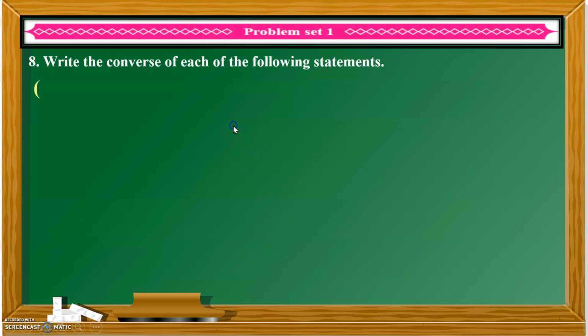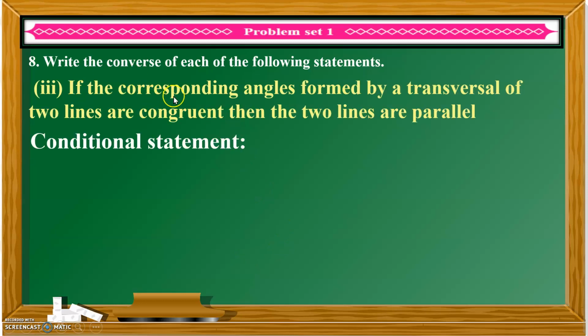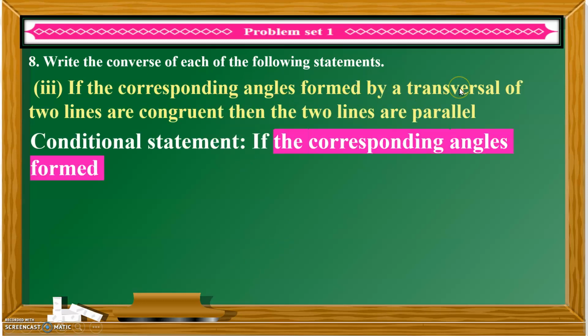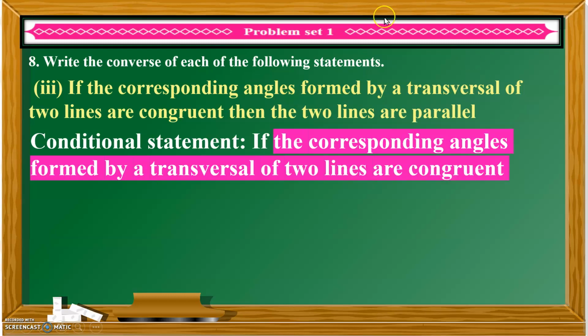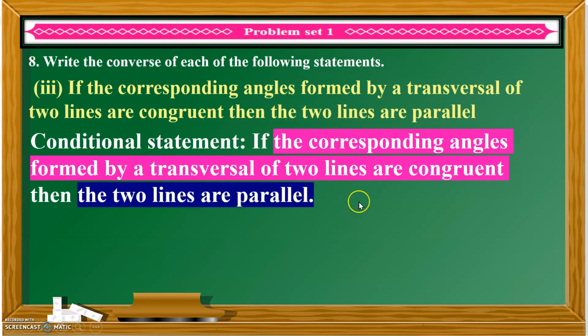Write the converse again. The third question: if the corresponding angles formed by a transversal of two lines are congruent, then the two lines are parallel. Again the conditional statement is there, but for explanation purpose I am mentioning it. So let's write the converse. In the converse, the blue and the pink positions will get interchanged. So what will come?